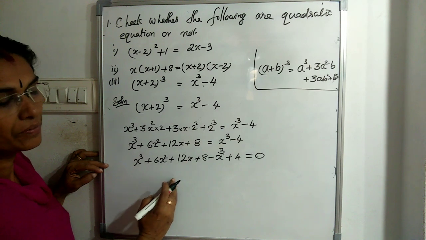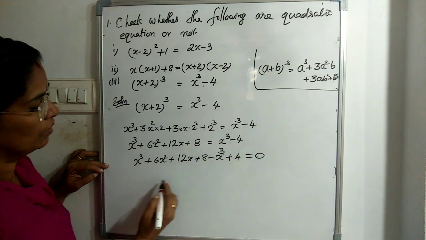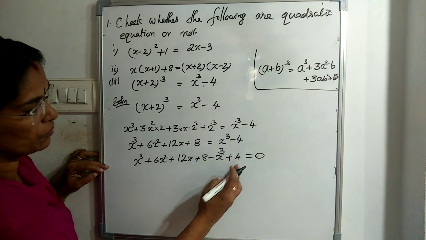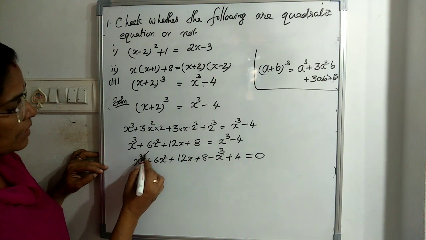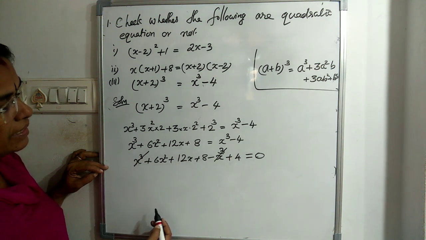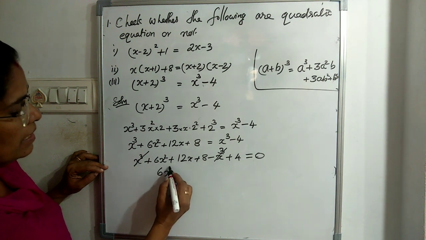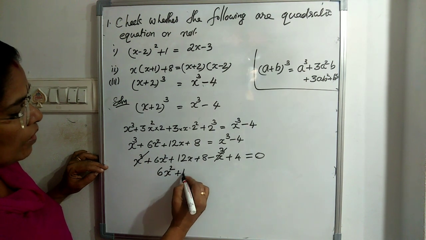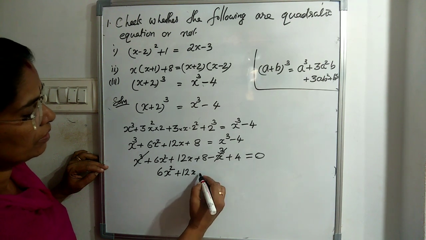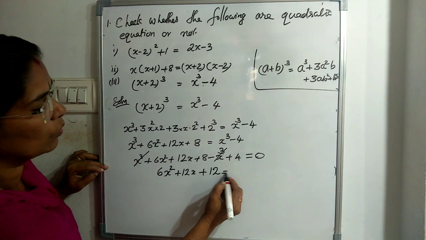Clear? We are taking x cube minus 4 to the left side, so this becomes minus x cube plus 4. Look here, plus x cube and minus x cube are cancelled. Then the balance is 6x square plus 12x, and 8 plus 4 is also 12, equal to 0.